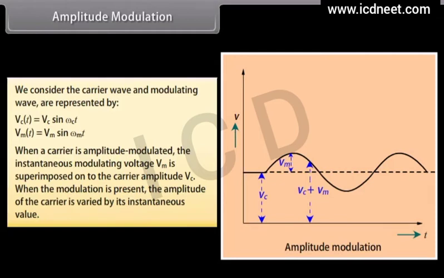When the modulation is present, the amplitude of the carrier is varied by its instantaneous value.